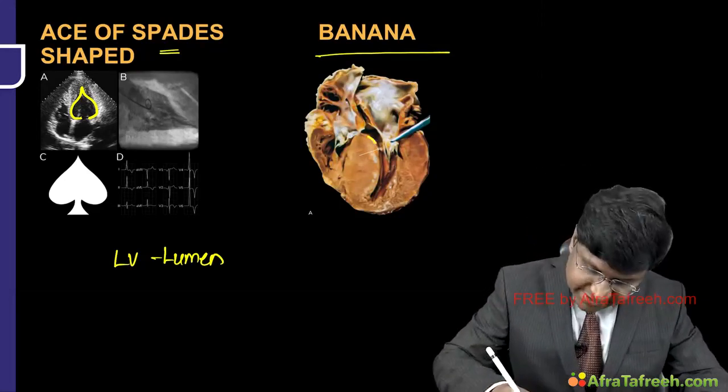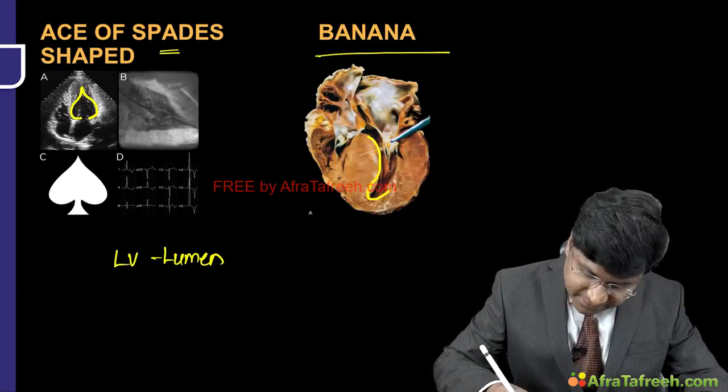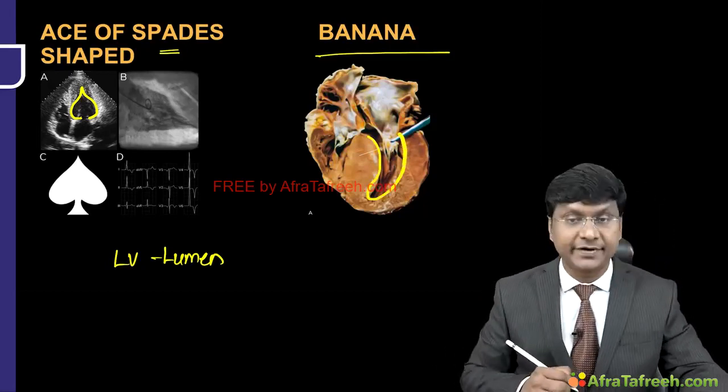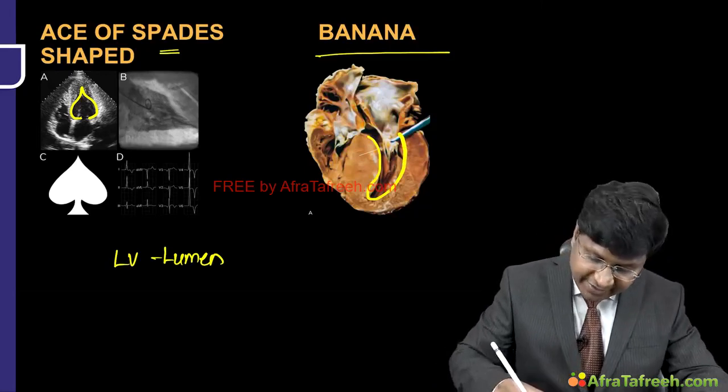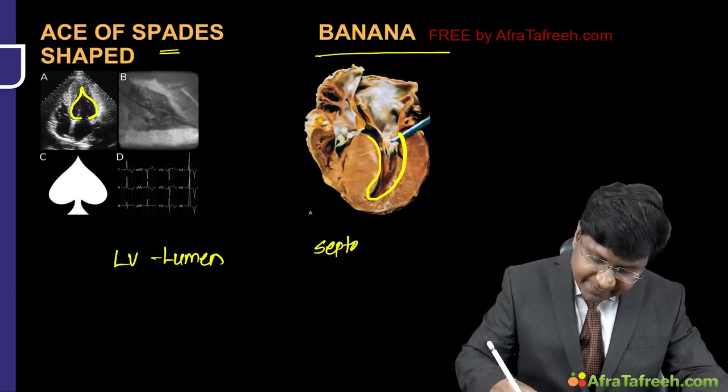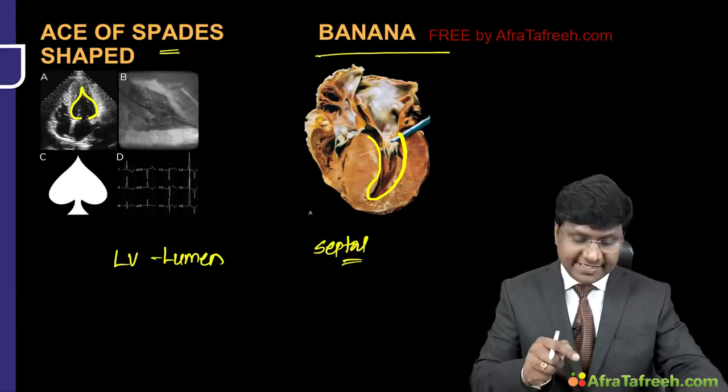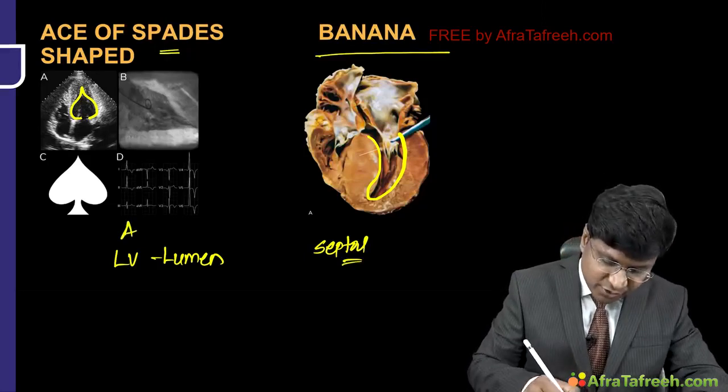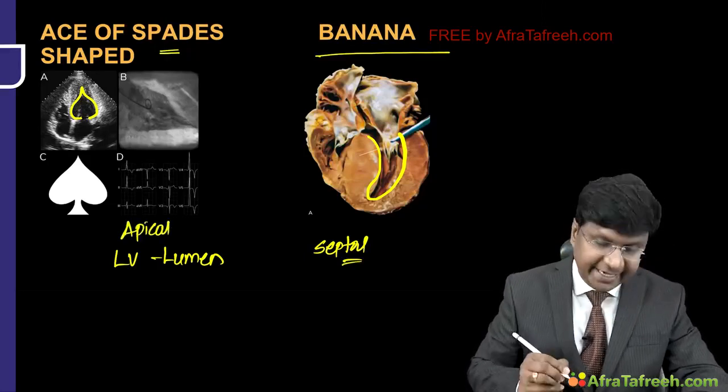Okay, so you can just observe here. This is the banana-shaped left ventricle, which you have in septal hypertrophy, whereas the ace of spades you will have in apical hypertrophy.